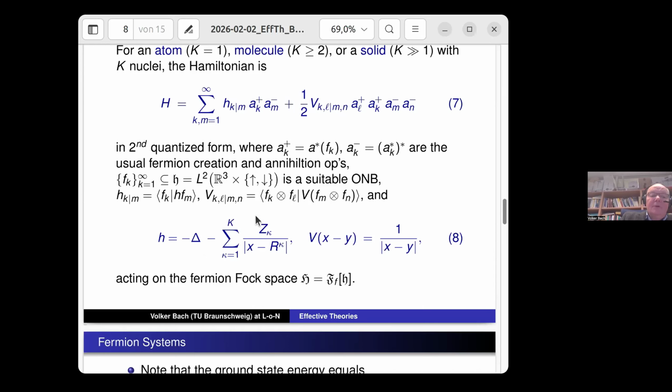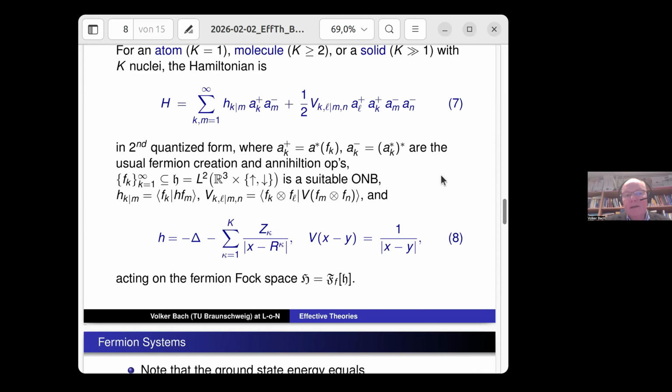If capital K is equal to 1, we have just one nucleus, that's an atom. If K is bigger than 1, then it's a molecule. Now, the nuclei are here static objects. They are just point charges at the positions R_kappa. They don't enter the dynamics.